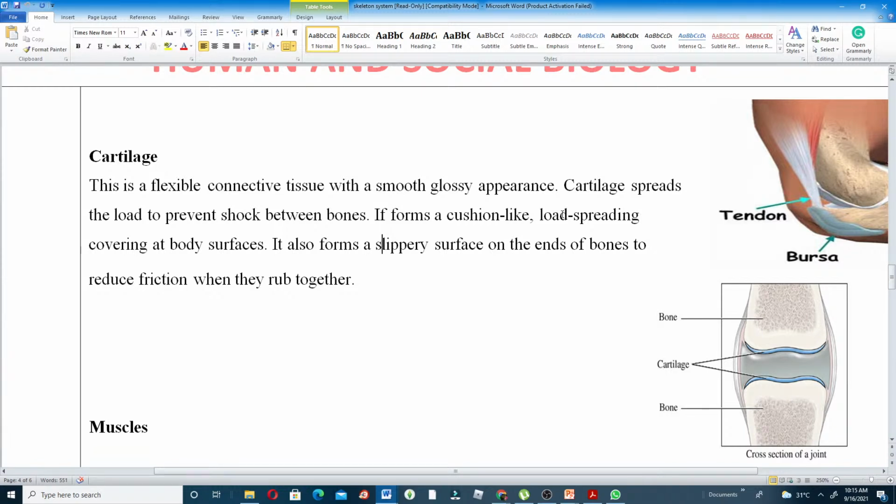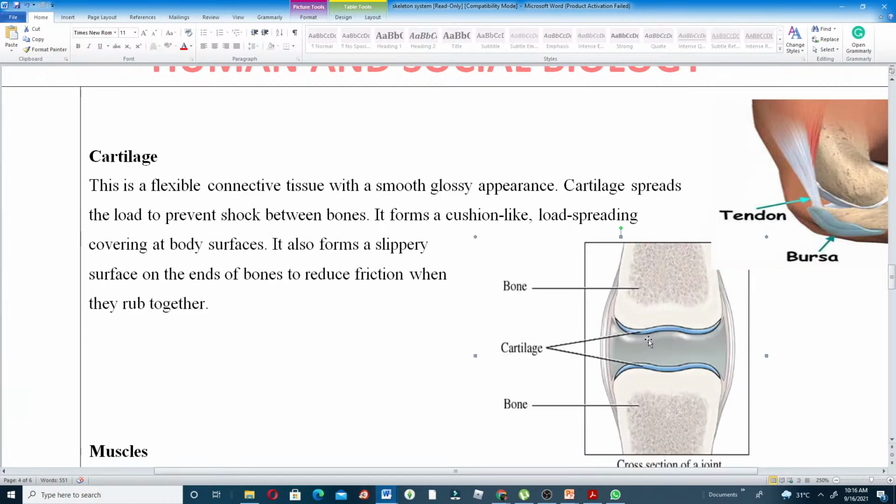One function of cartilage is that it spreads the load to prevent shock between bones. It basically forms a cushion-like, load-spreading covering at the body surface. The notes here give you the functions of the cartilage at a particular joint. We normally say that cartilage reduces friction at a joint.